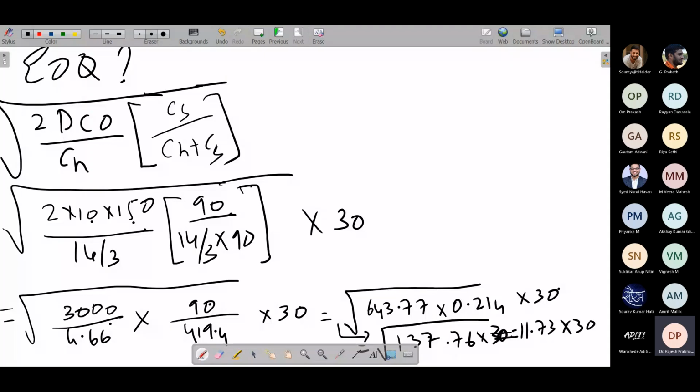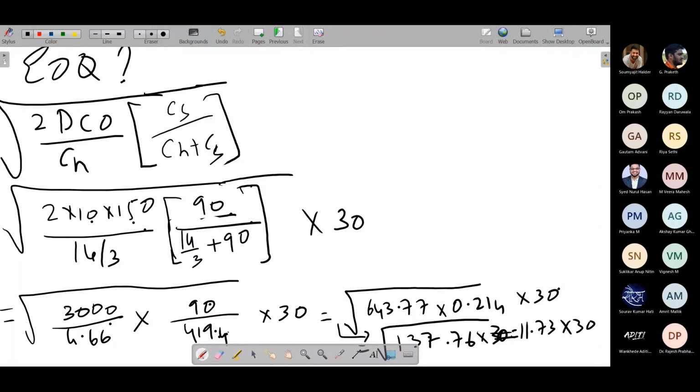Okay, what is the final answer you got? I made some mistake somewhere there. Sir, what is the shortage cost? This is not multiplication, right? This is plus, right? Yeah, I made a mistake. This is 14 by 3 plus 90.